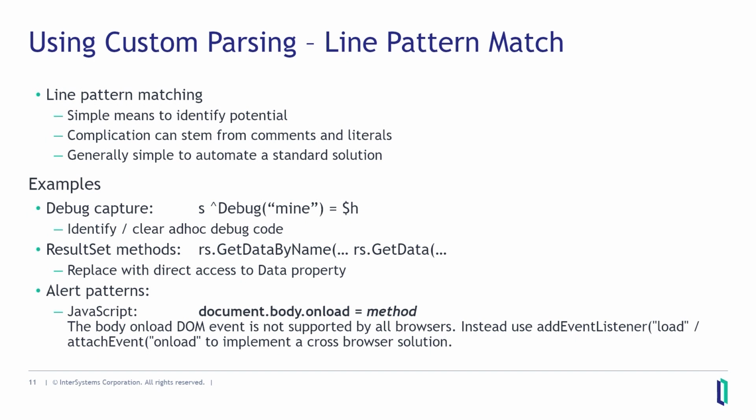So things like set ^debug(mine)=$H, which is there so that you can figure out which part of the code it's got up to executing, but you don't want to leave it there. Like the last thing you want is to actually include that in the code base and accidentally submit it. So we alert whenever we find those things when developers are saving code. And that just means before they go to commit, they know they've got to clean that stuff up and get rid of it.